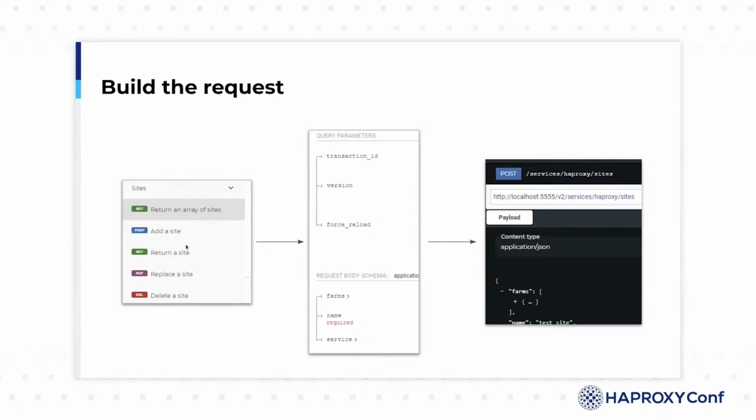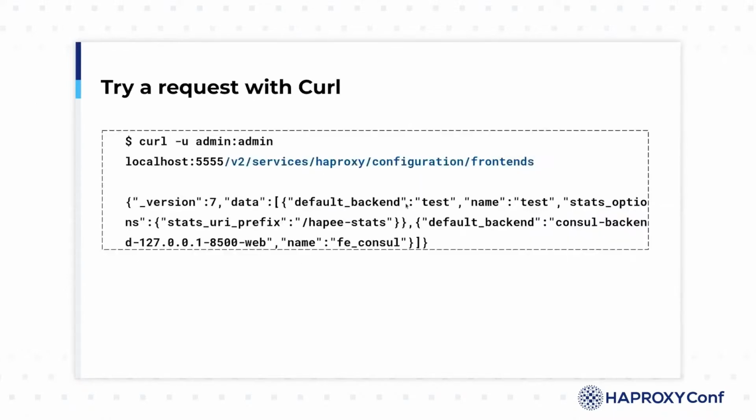If you want to update or upload an SSL certificate, you can type in SSL. And you can find out the arguments required to do so by looking in the middle. You can see the query parameters, which go on the URL, and the request body parameters. And then you can see an example of what that looks like with a URL example on the right-hand side of the page.